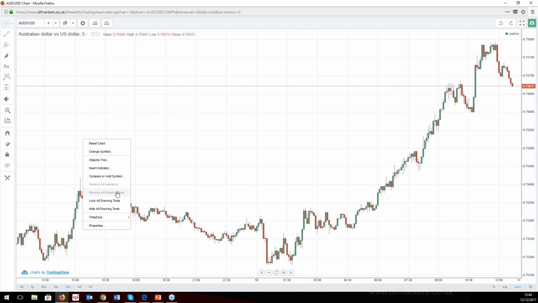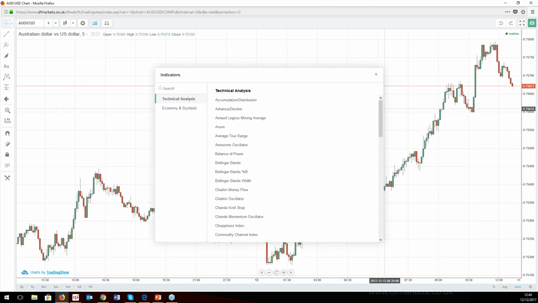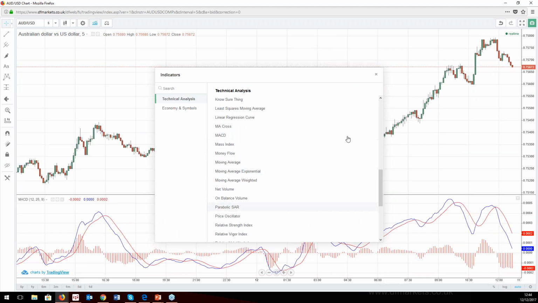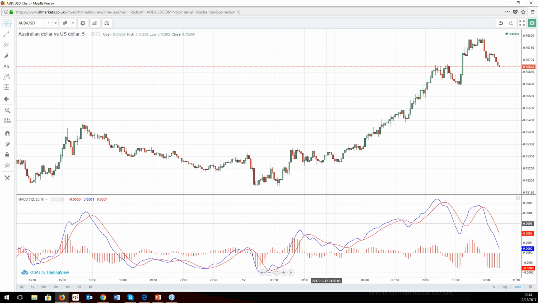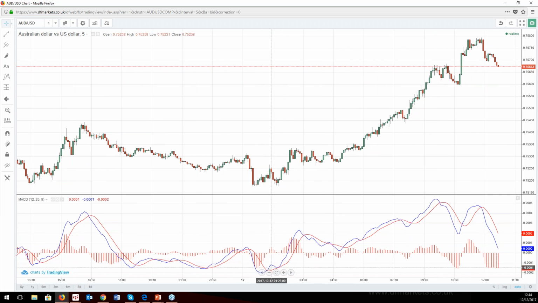You could use the price, and I will always favour using the price chart as the key thing to give you the signals. So if we insert an indicator here, we get the MACD up here. We've got a bit of divergence when we hit this bottom on this 5-minute chart, and 2 similar lows there.